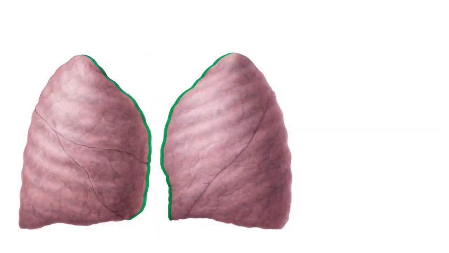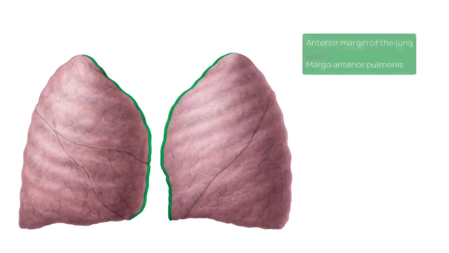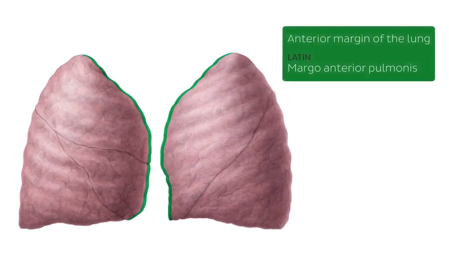Another structure worth mentioning here is this one. This is a border known as the anterior margin or anterior border of the lungs. And the anterior border of the lungs inserts into the costomediastinal recess and is located at the junction between the costal surface and the mediastinal surface of the lungs.